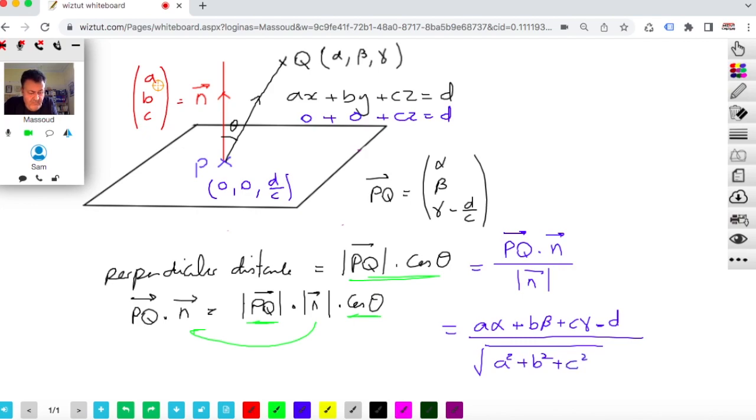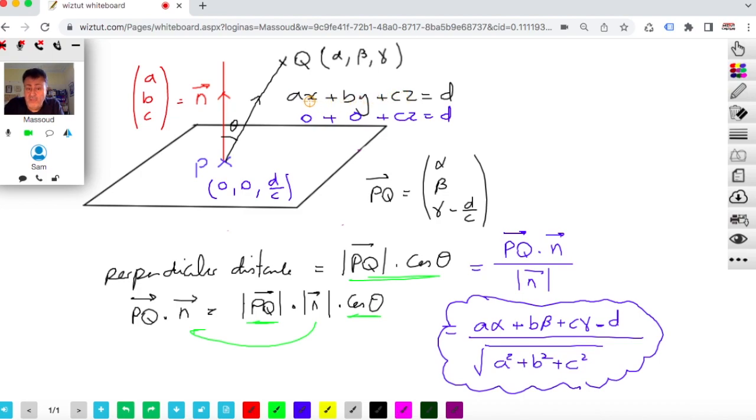So in fact, we just found a general formula for finding the perpendicular distance of any point with given coordinates, alpha, beta, gamma, to a plane whose equation we are given.